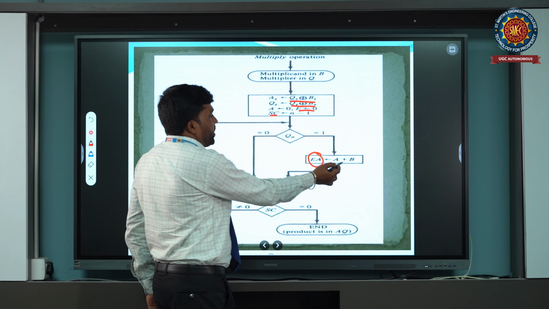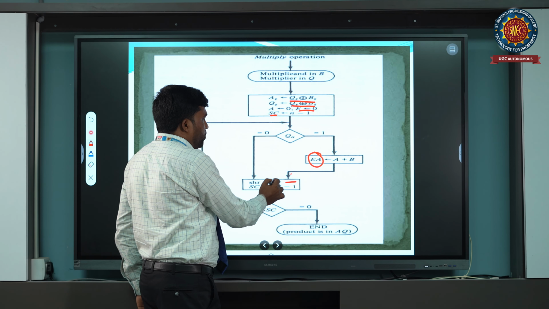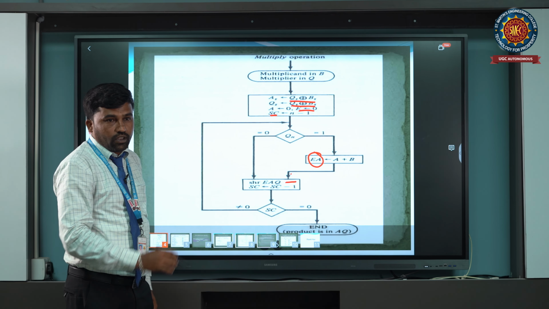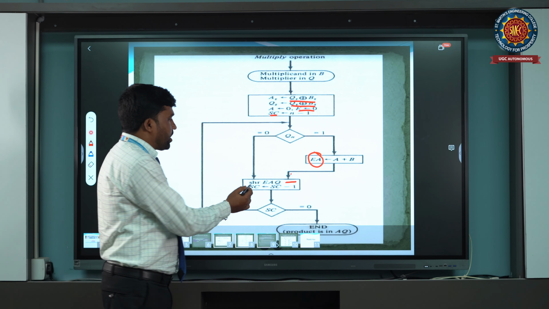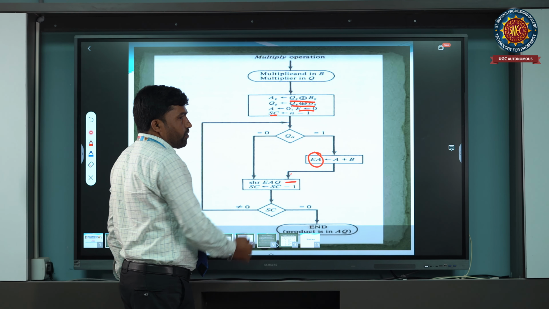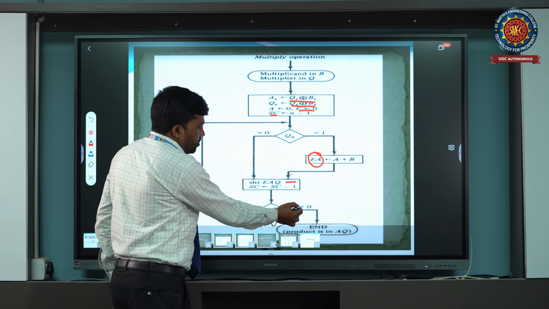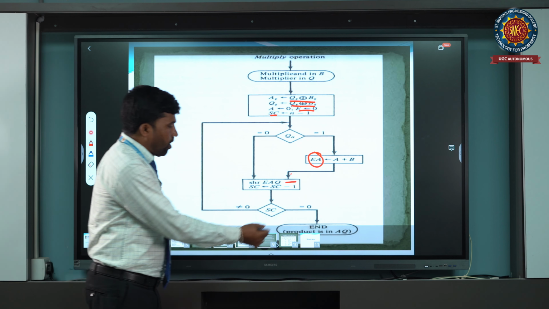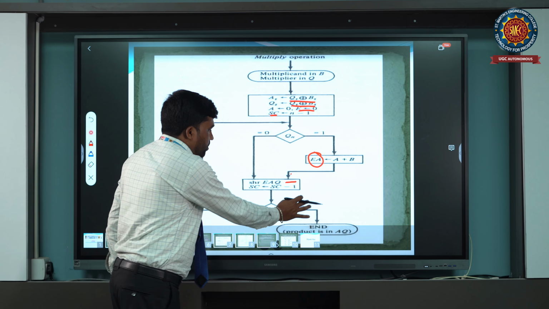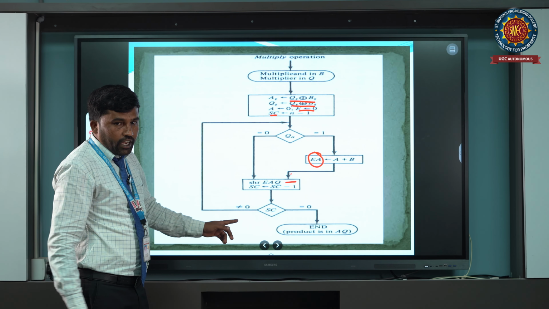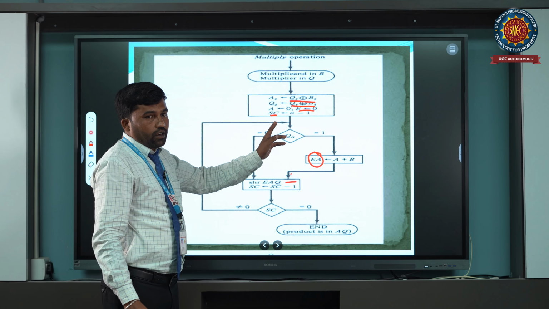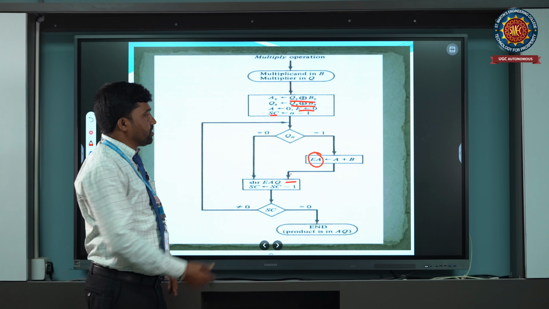Here B is added to E, and then next we do the same shift right EAQ operation, and the sequence counter is decremented by 1. Then we get the output of the product. If the sequence counter is equal to 0, the product is done. If the sequence counter is not equal to 0, we send the data back to the condition, that is Qn.